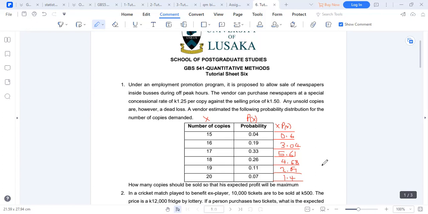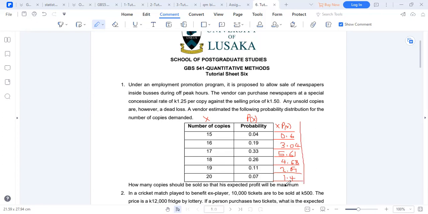So when we add all these, 0.6 plus 3.04 plus 5.61 plus 4.68 plus 2.09 plus 1.4, giving us 17.42.